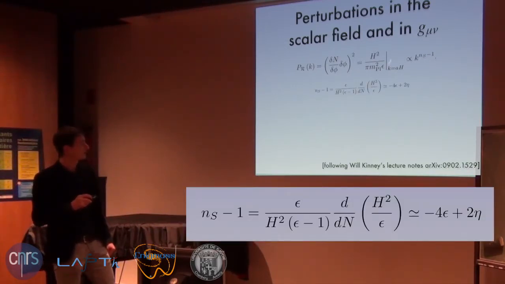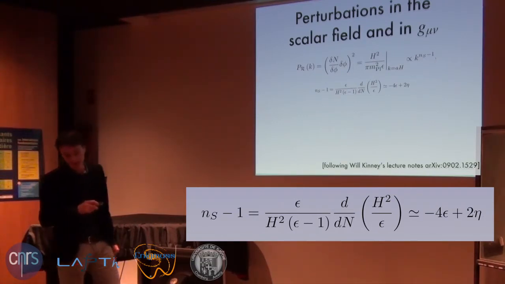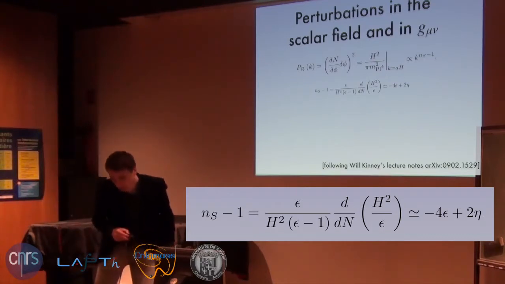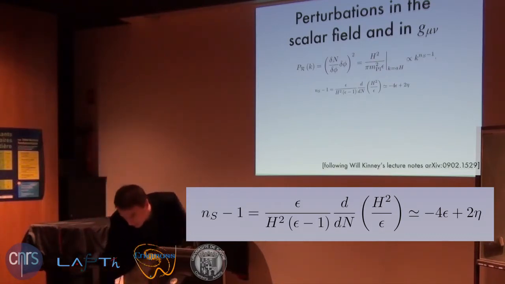And n_s minus 1 through this relation is related to epsilon and eta. And that's why I showed epsilon and eta briefly. So the power law that describes the perturbations in the scalar components of the metric is given by epsilon and eta. And I omitted to put epsilon and eta again on this slide, but let me repeat them quickly for you.